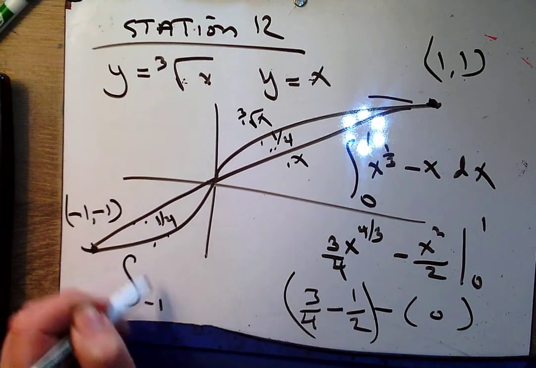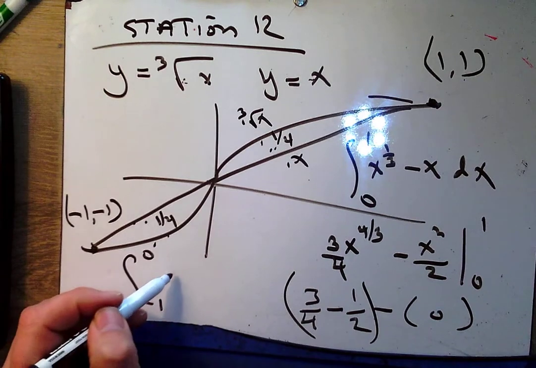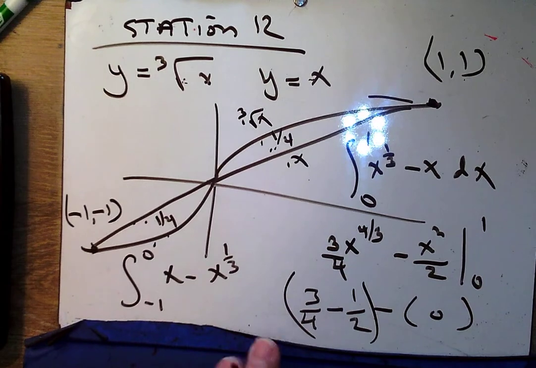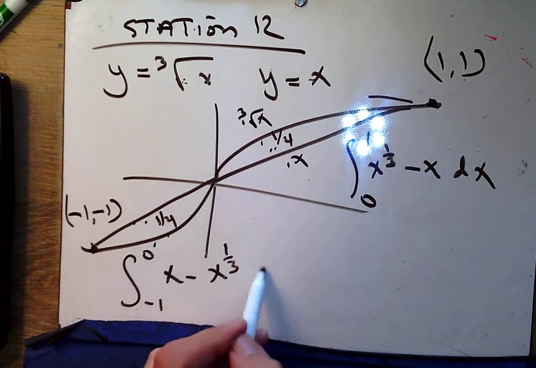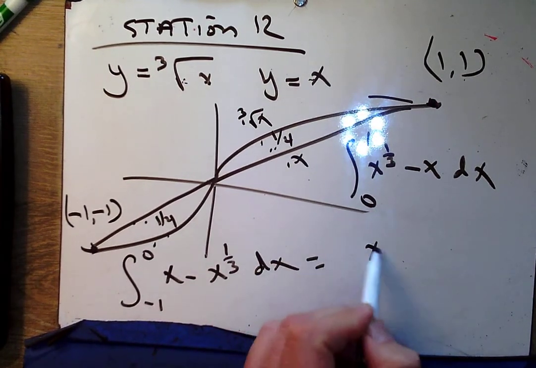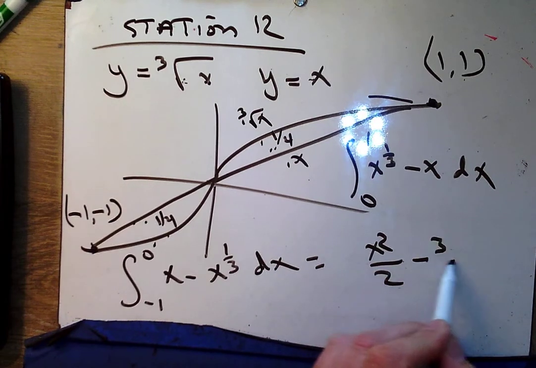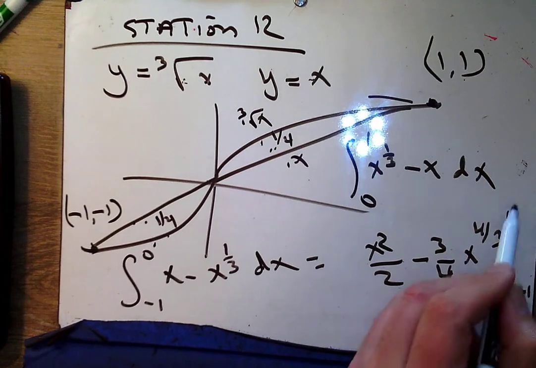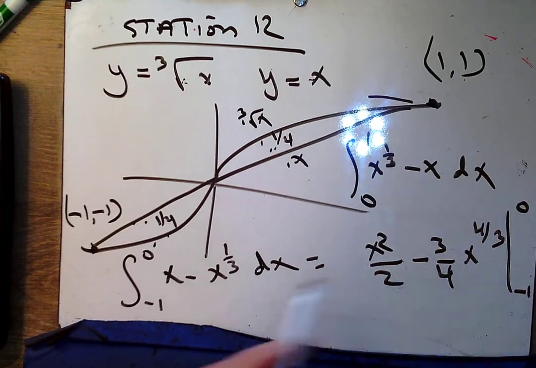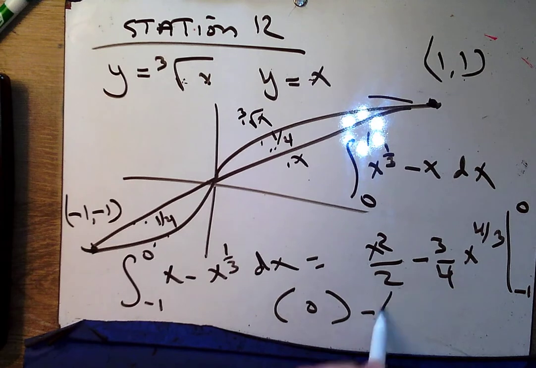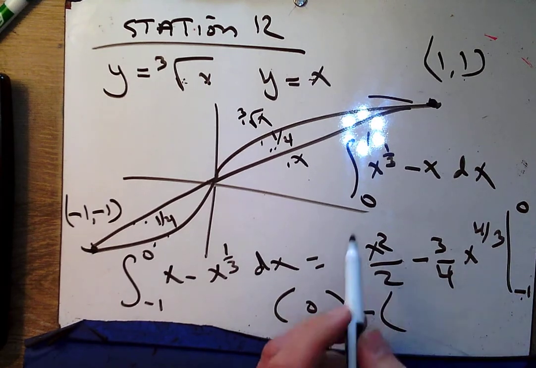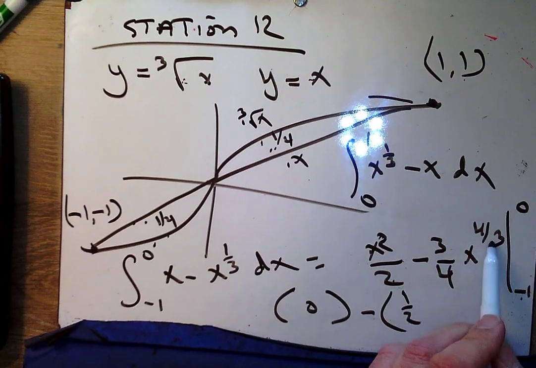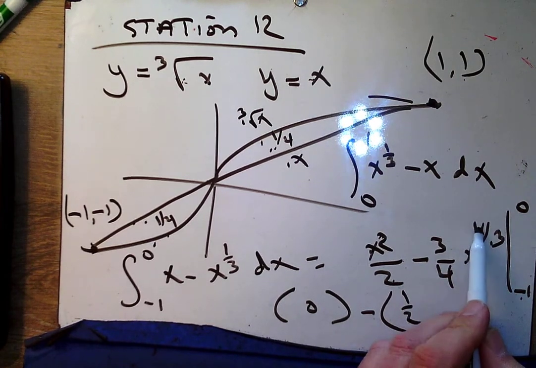Because here we're doing the integral from -1 to 0 of x minus x to the 1/3. Okay, and so when I do my antiderivative here, I have x squared over 2 minus 3/4 x to the 4/3, and I'm evaluating that from -1 to 0. I plug in my 0, 0 minus, I plug in my -1. Here I have 1/2, -1 raised to an even power.